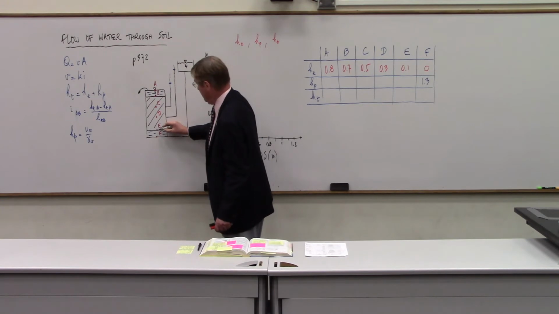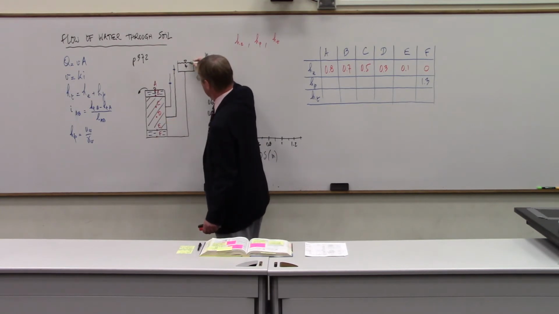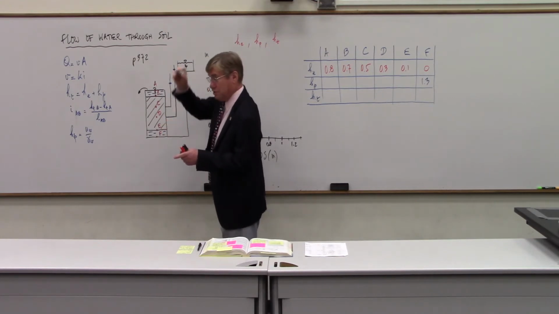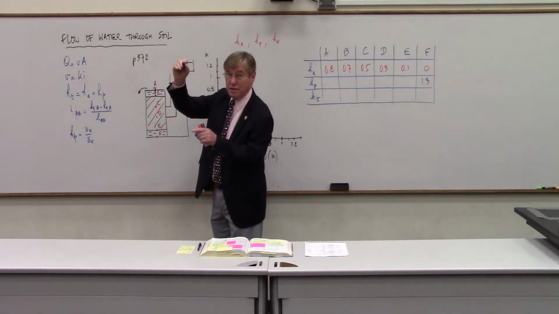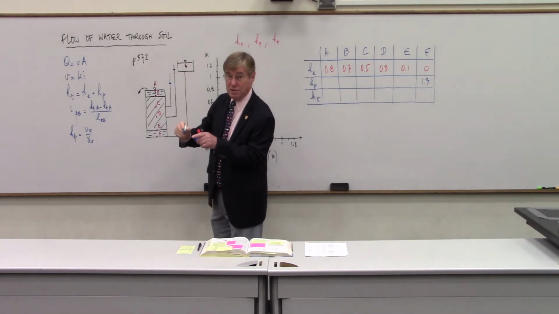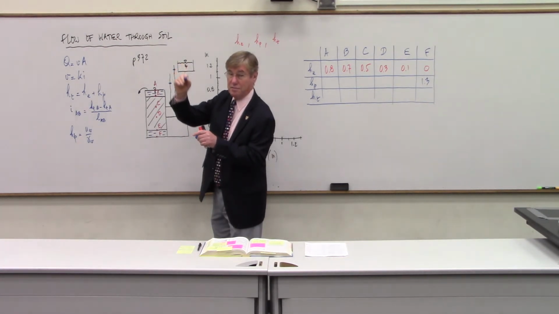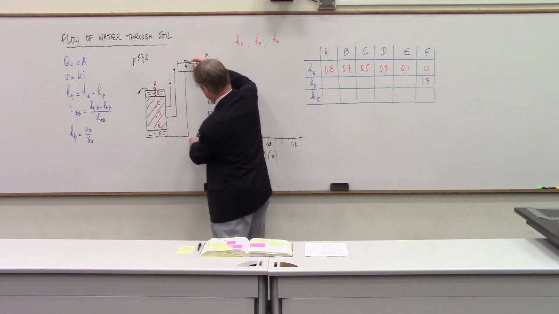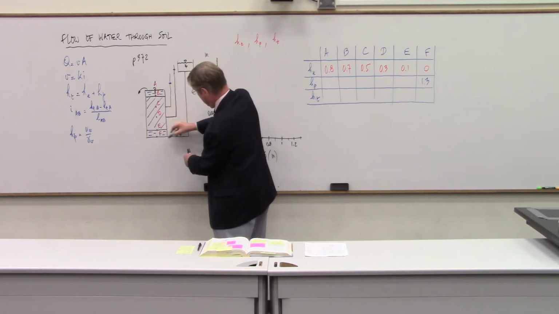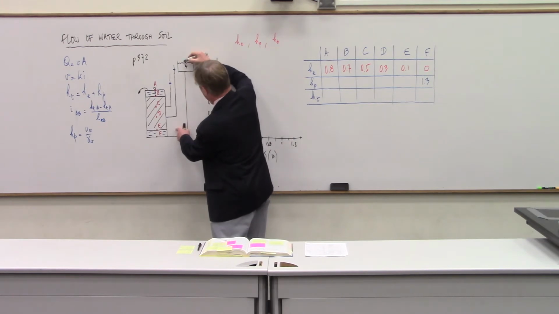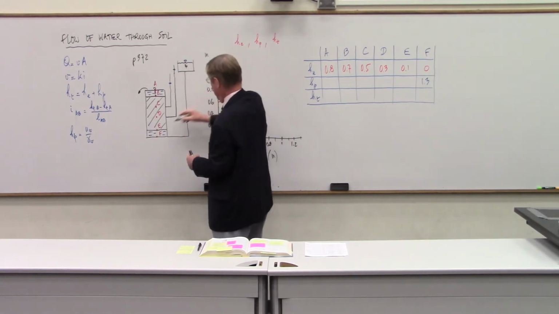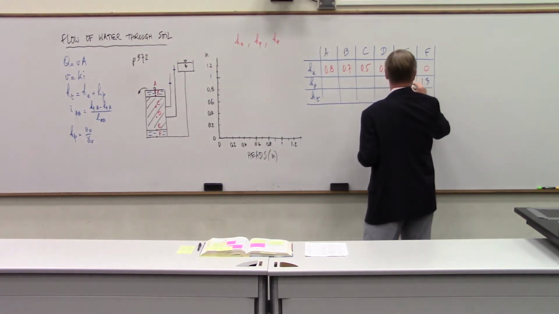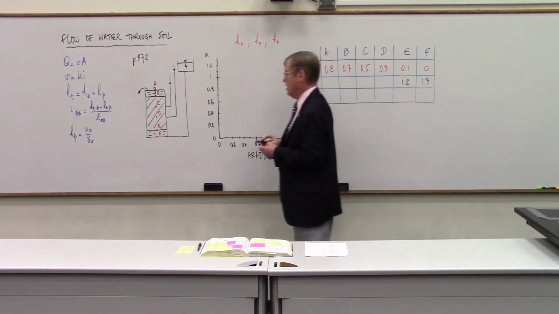And the pressure head at E will be the difference in level between this level and that level. Because remember, it's the difference between where the water level is and the point that you consider. That distance is the pressure head. So at F, we went all the way up here. The difference was 1.3. At E, I can still go this way, and I now get 1.3 minus 0.1, I get 1.2. So at E, the pressure head is 1.2.